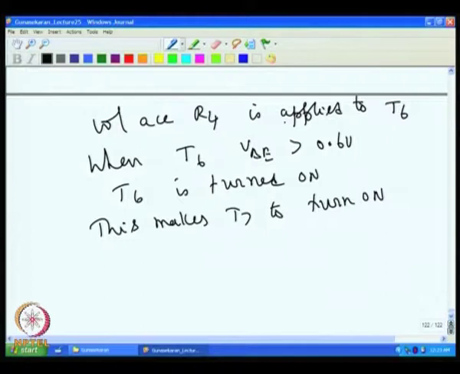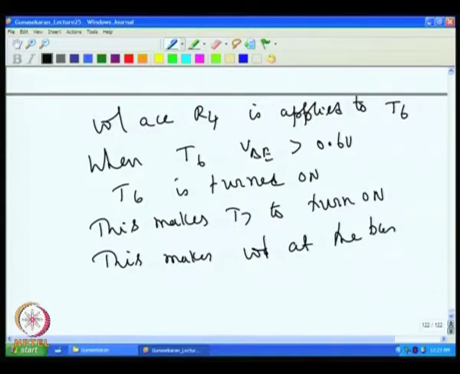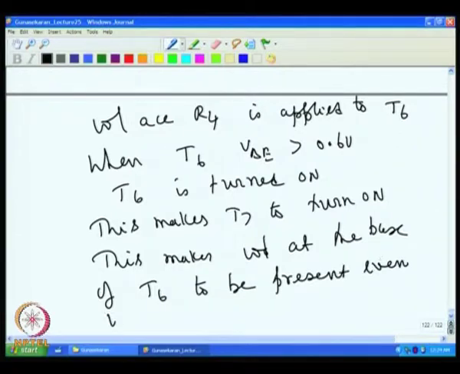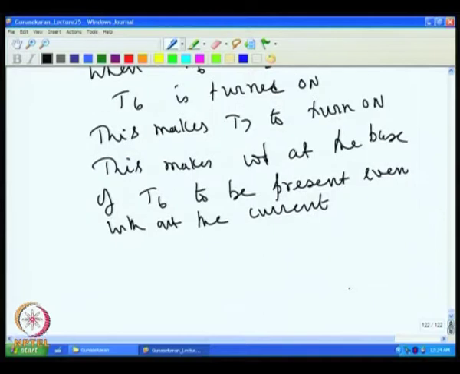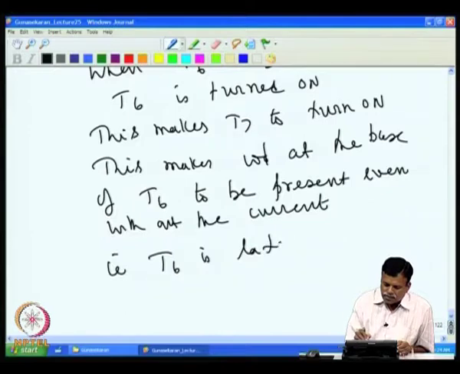This makes the voltage at the base of T6 to be present even without the current. That is, T6 is latched.